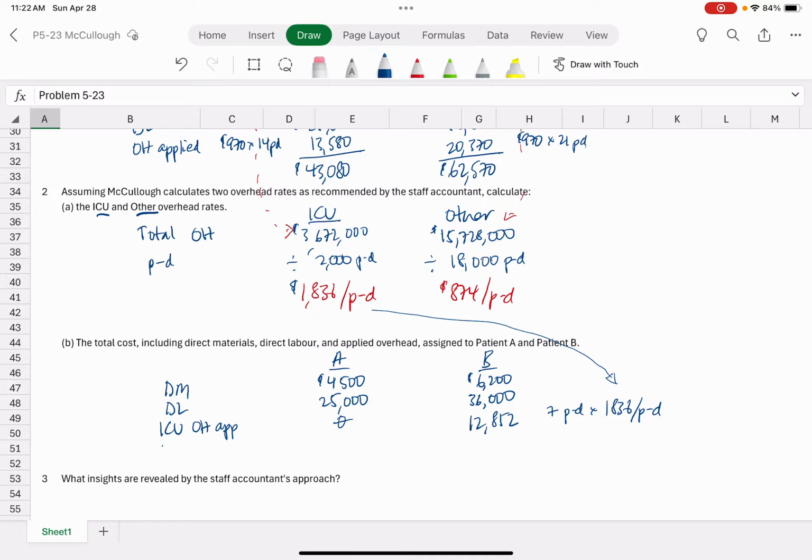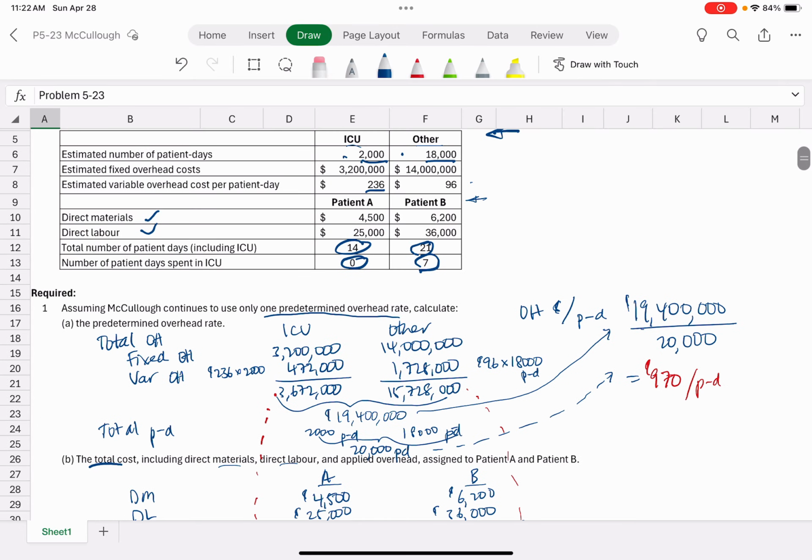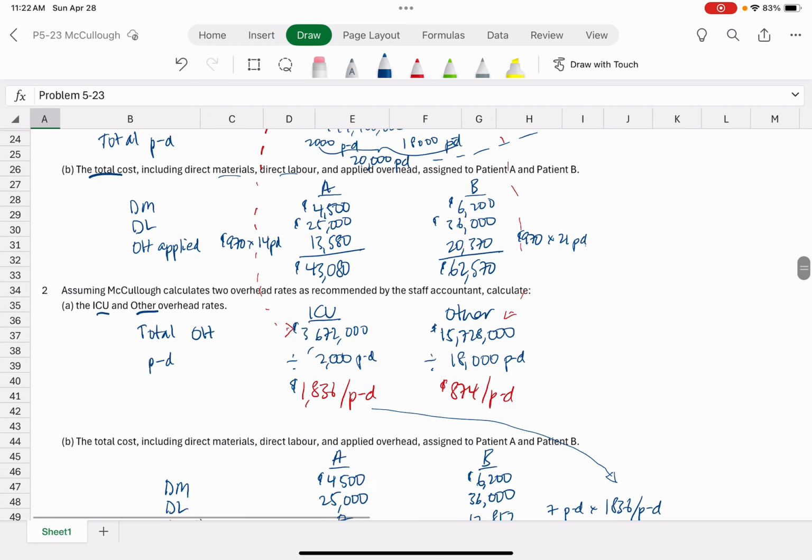Now we're going to apply other overhead. So how many days did the 2 patients spend not in the ICU while in the hospital? Well, we're just going to do a little subtraction here. Patient days not in ICU, so in the other parts of the hospital. Patient A spent their whole 14 days outside the ICU, and patient B spent 14 days outside the ICU and 7 inside.